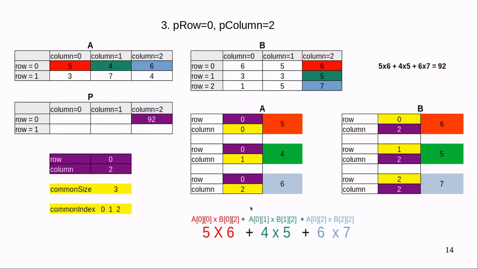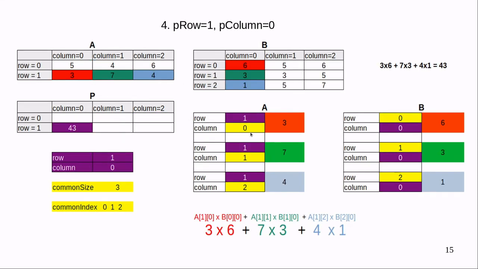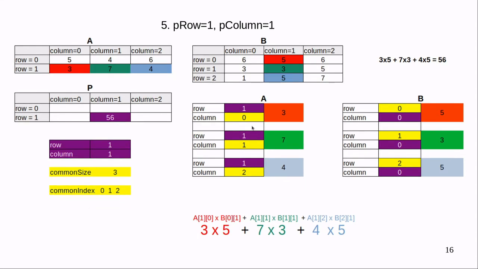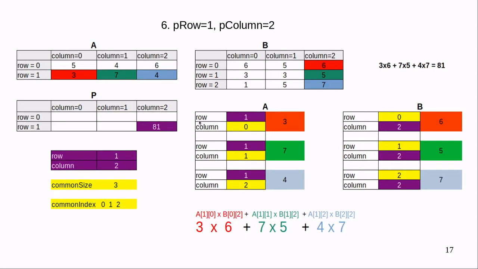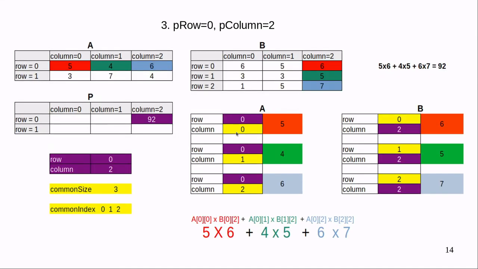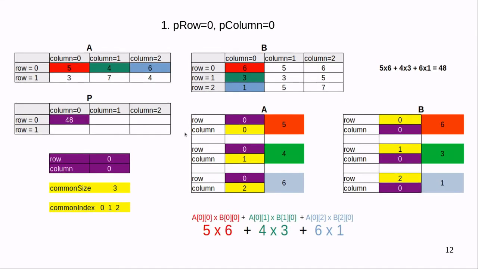And next step again 0, 1, 2, 0, 1, 2, and so on. In all the 6 steps, the yellow boxes have to be filled up with 0, 1, and 2. So where do we get that from? We have the common size 3. We know that the number of multiplications that we have to do is 3. So it's from there that we get the common index as 0, 1, and 2.